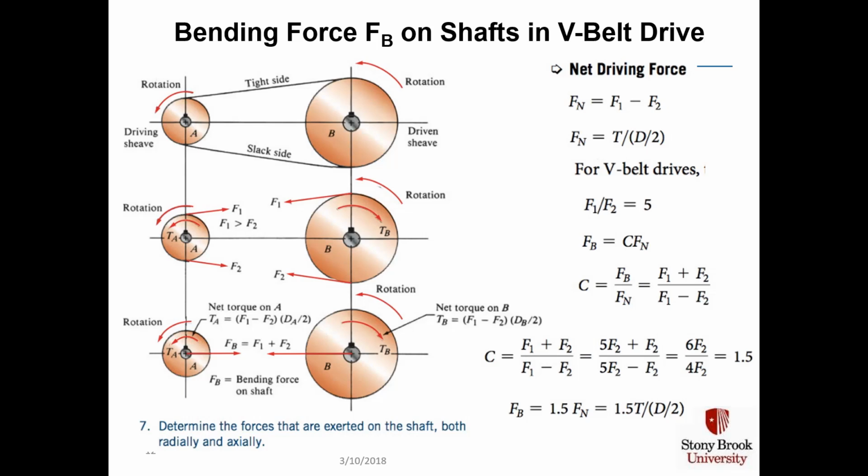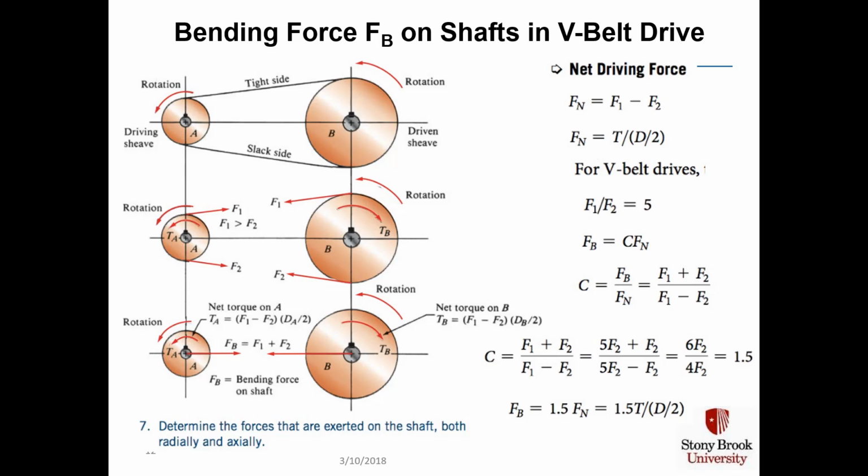If C is a multiplier, the ratio of the bending force due to the belt divided by the normal force, if you go through that calculation, you see that F sub B is actually 1.5 times the normal force of the V-belt drive. And the normal force of the V-belt drive is just the torque that's transmitted in the V-belt drive divided by the radius, which is shown here as the diameter over 2.